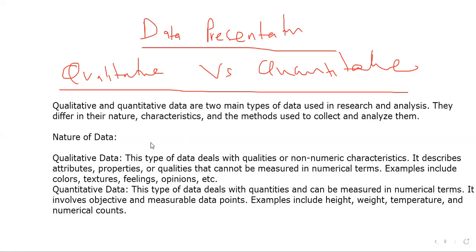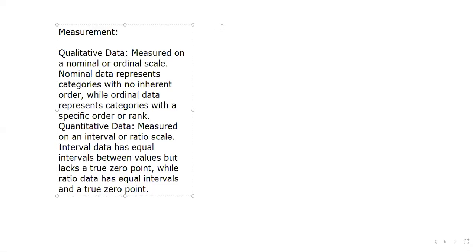Now, in terms of measurement, the difference between the two would be as follows. Qualitative data can be measured on a nominal or ordinal scale. Nominal represents categories that have no inherent order, like place of birth, or gender, you're male or female.